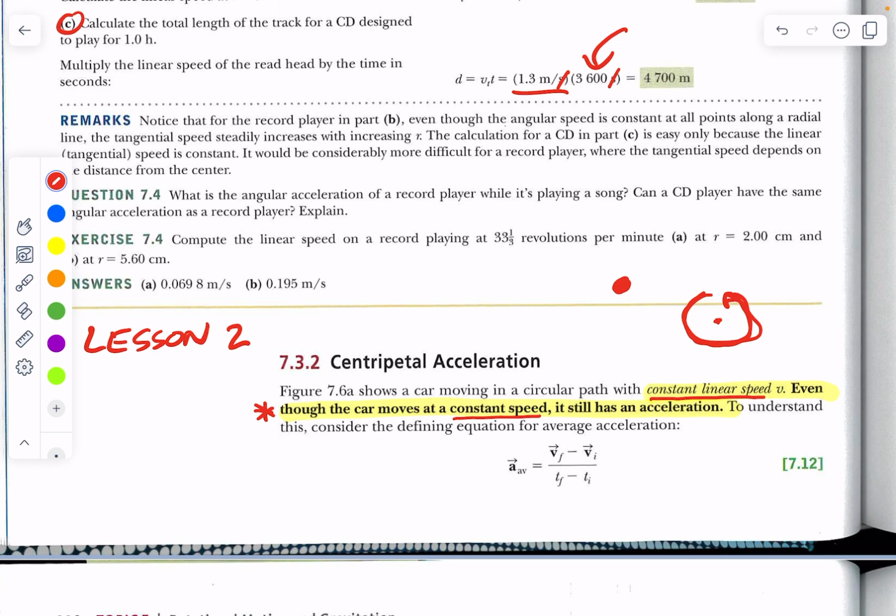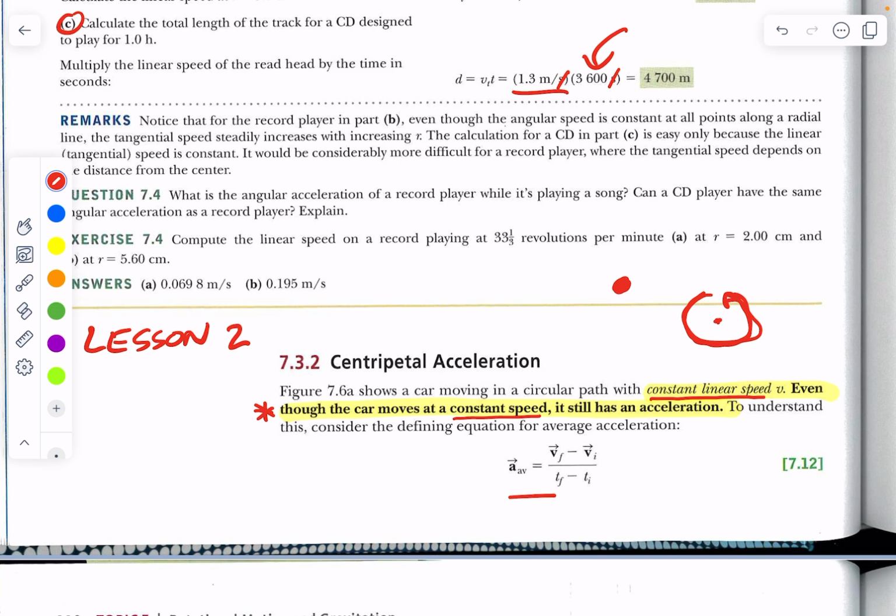Because remember, velocity is a vector, a change in displacement over time, or a change in direction. And acceleration is what we call a change in velocity, when either the magnitude of the velocity changes or the direction of the velocity changes, like when you go around in a circular path.